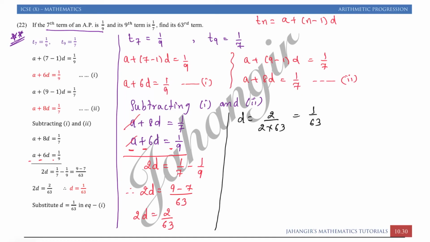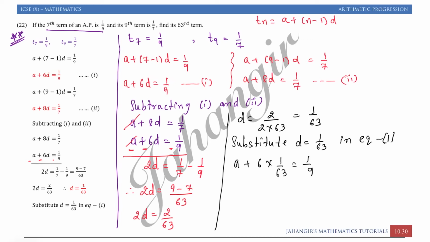We got d. d is the common difference. Now we will substitute d is equal to 1 by 63 in equation 1. So equation 1 is a plus 6d, d is 1 upon 63, is equal to 1 by 9.